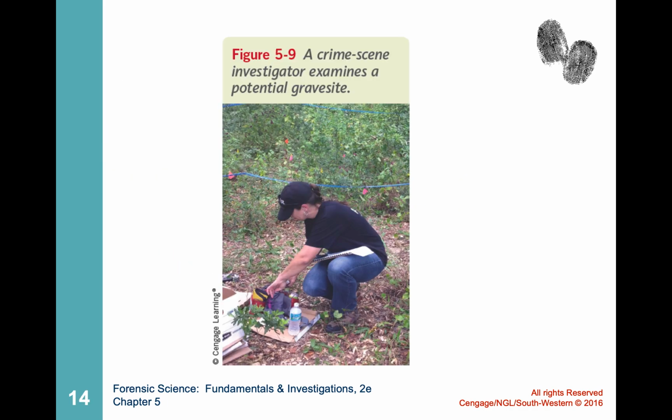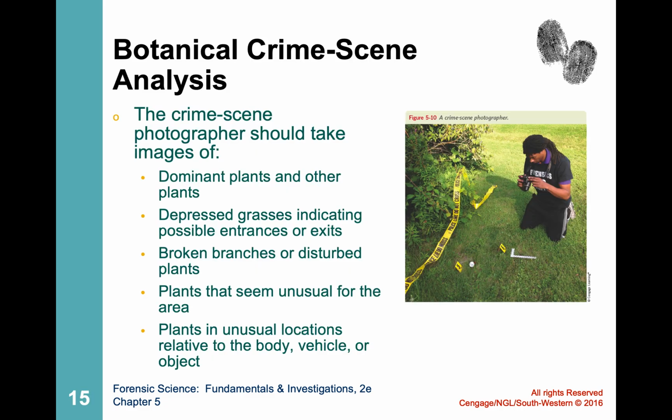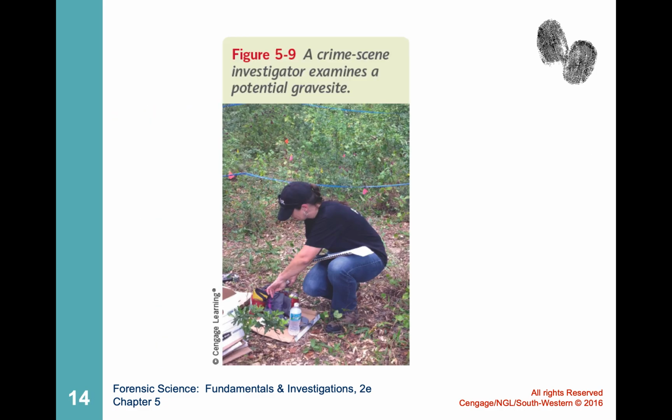So here's someone that is investigating a potential grave site. We'll get to that. The one part I don't know why it's not in here is in your book. It talks about bodies being covered with vegetation and things like that.